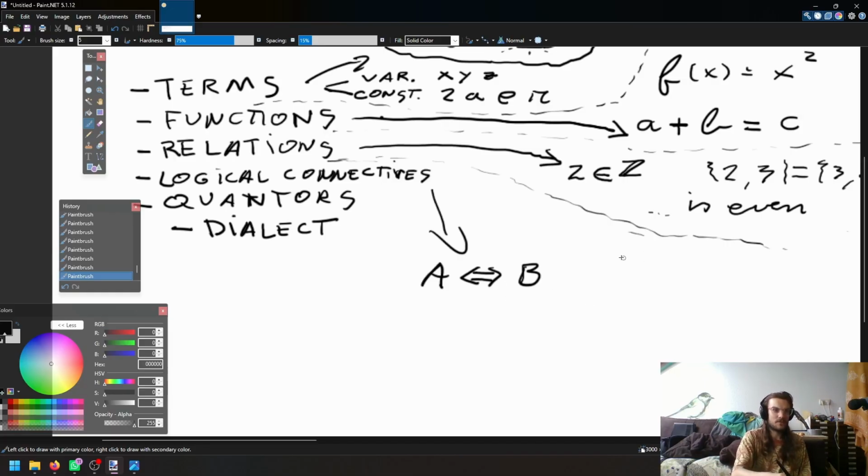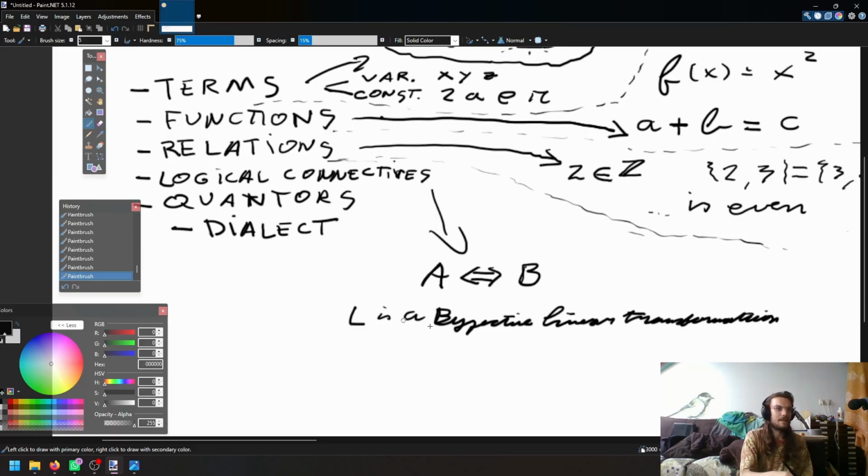This is very abstract. It pertains to linear algebra. It says that the statement L is a bijective linear transformation. What that means is quite difficult, but there are some rules for it. For instance, L takes in a vector x and maps it to some other vector y.